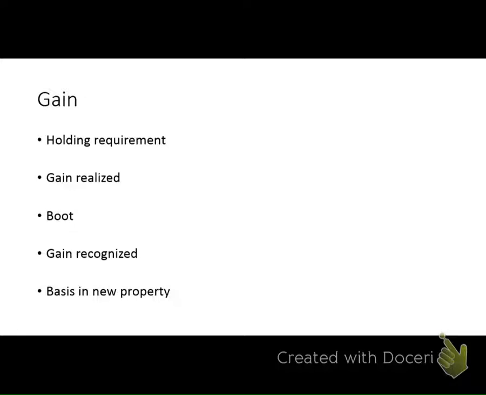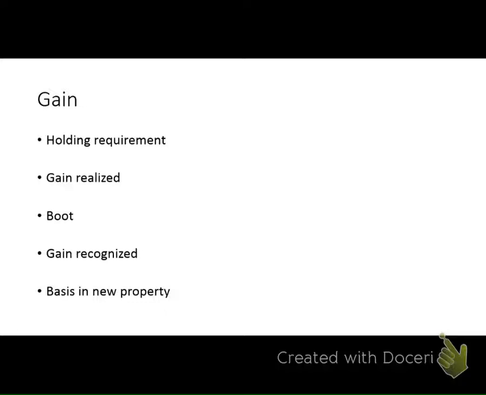So these are provisions that say otherwise. In non-recognition problems, we have to determine what the gain realized is, and then we determine what the gain recognized is. And we know these might not be the same thing.